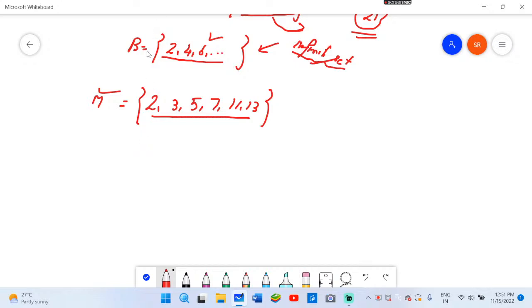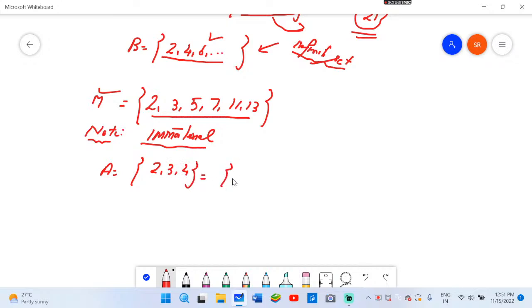One thing you keep in mind, then we can discuss under the heading note, that the order of listing elements, the order of writing elements, is immaterial. It has no relevance. It means that for a set A, it has the same meaning whether you write it as 2, 3, 4, or as 4, 3, 2, or even 4, 2 and 3.